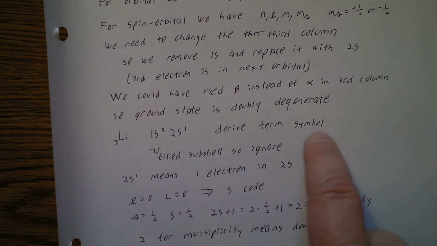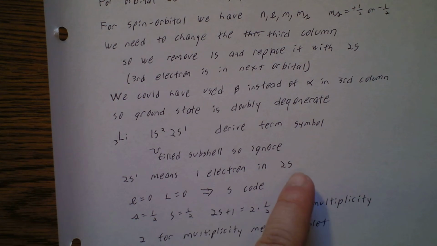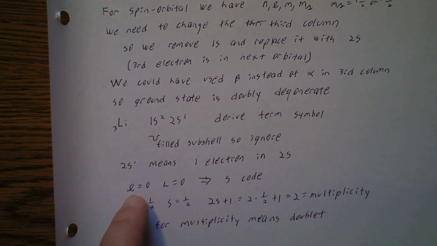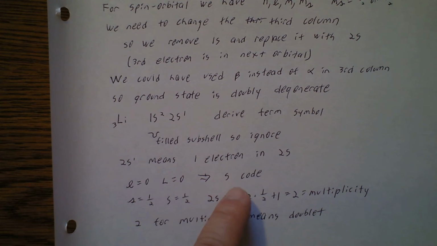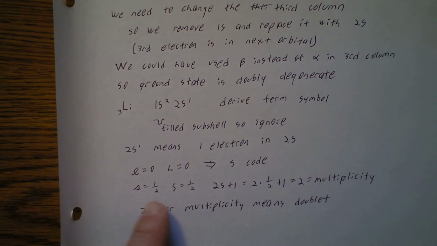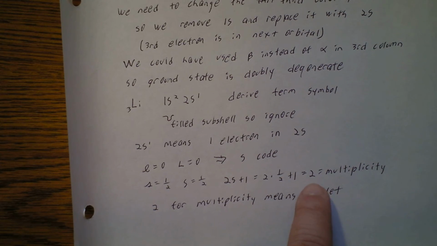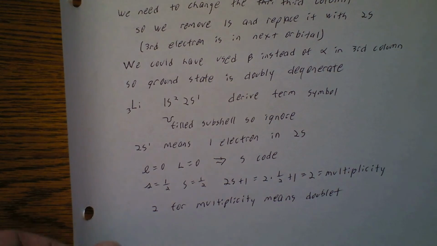So we're going to derive the term symbol. The 2s1 means there's one electron in the 2s orbital. So we have L equals 0, so that gives us our S code. So S equals 1/2, so we get 2S plus 1 equals 2 times 1/2 plus 1. That's equal to 2. That's the multiplicity.